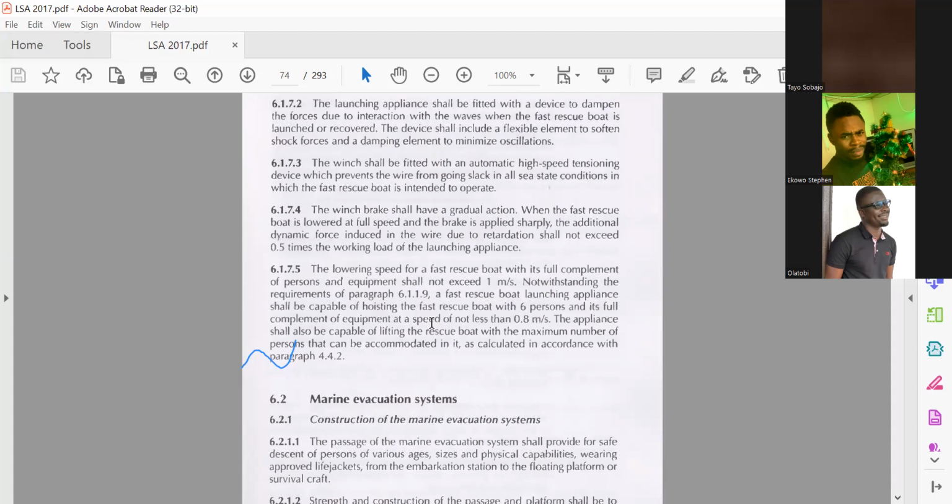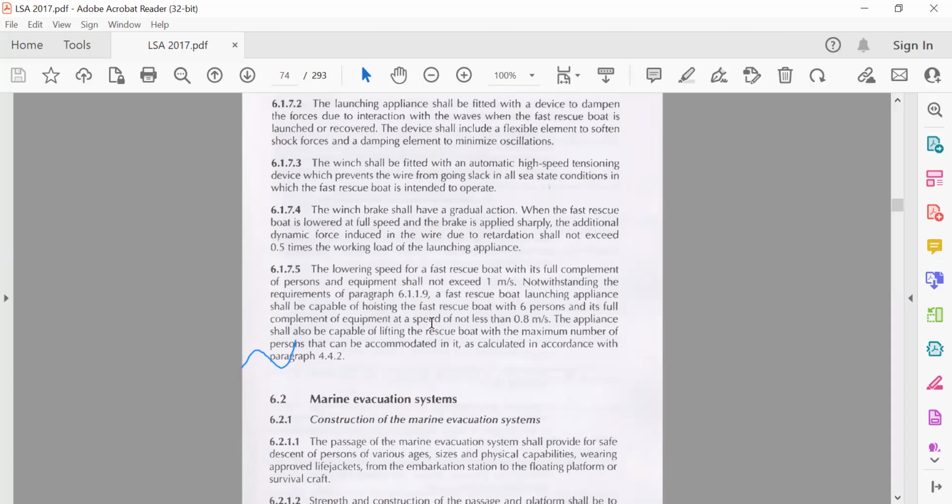The winch brake shall have a gradual action when the fast rescue boat is lowered at full speed and the brake is applied sharply. The additional force induced on the wire due to retardation shall not exceed 0.5 times the working load of the launching appliance.